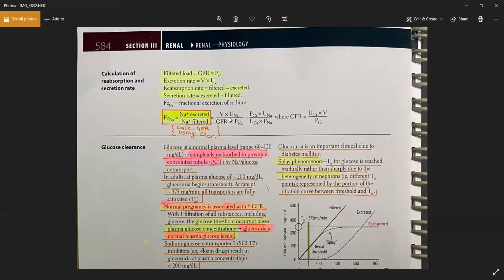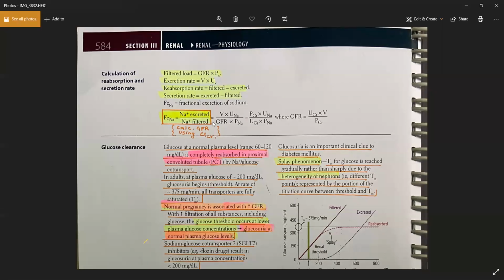So basically, the denominator of sodium filtered means GFR. How does sodium filtered equal GFR? Sorry, I'm not getting your question. You're saying the GFR equals the filtered load of sodium? Yeah, according to the equation which is written, that's what I'm able to comprehend from it.